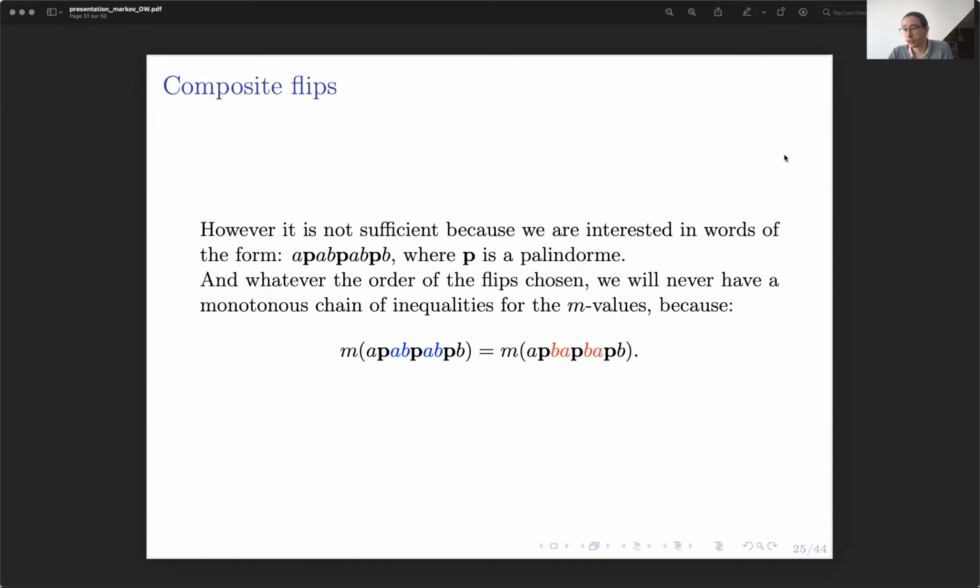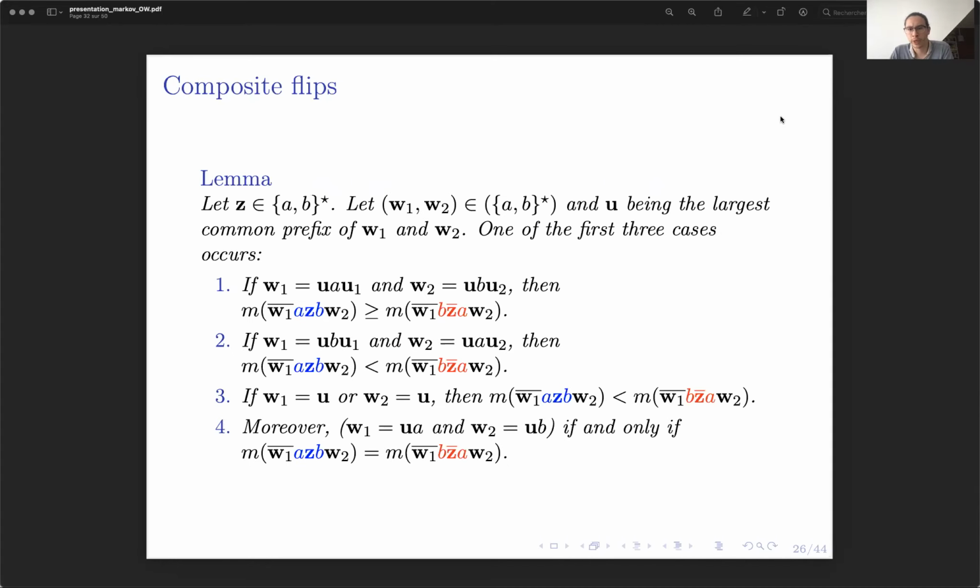But it wasn't sufficient because sometimes we needed to have two flips together, because if not, our chains of inequalities were not in the same sense. So it was a big issue. So we defined this theorem, a lemma, which is quite the same as the previous one with z equal to 0 in the previous one. And we have quite the same structure.